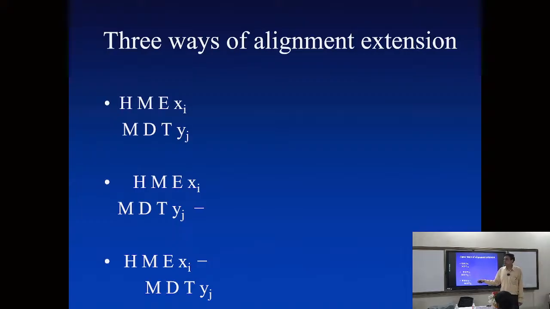But because we consider insertion and deletion, Xi can be aligned to a gap, and Yj can be aligned to a gap. So when you consider alignment up to position I in sequence X and J in sequence Y, there are these three scenarios: Xi is aligned to Yj, that is the first scenario; Xi is aligned to a gap, the second scenario; and Yj is aligned to a gap, the third scenario.